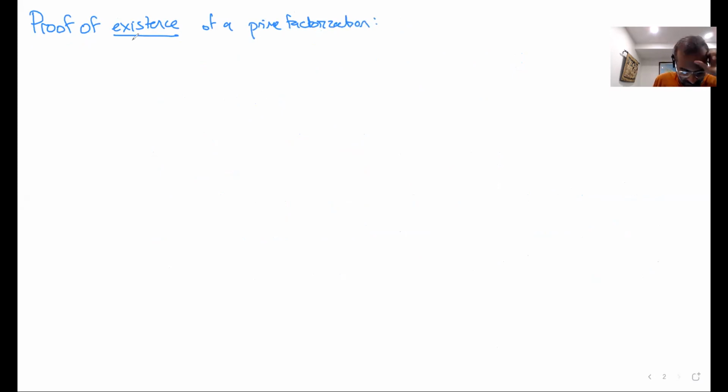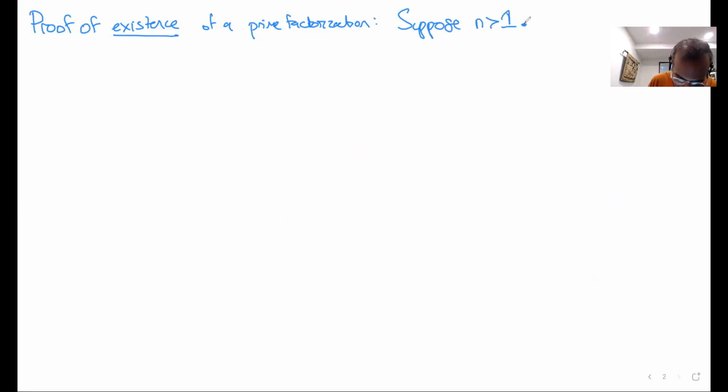The claim is for any positive integer, you can write it as a product of primes. So here's the proof. Suppose n is bigger than 1. The idea of the proof is pretty simple.